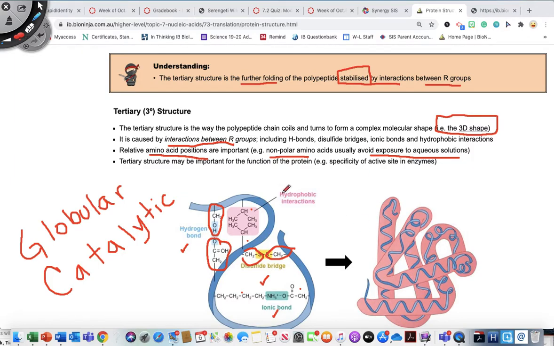What else? Yes, tertiary structures may be important for the function of the protein. We do know it has a catalytic function. So it's important because if we don't get these tertiary structures to fold properly, then that could be disastrous if you're an enzyme, right? Because if you're an enzyme, you need to have a very specific active site. Otherwise, the substrate's not going to be able to bind.